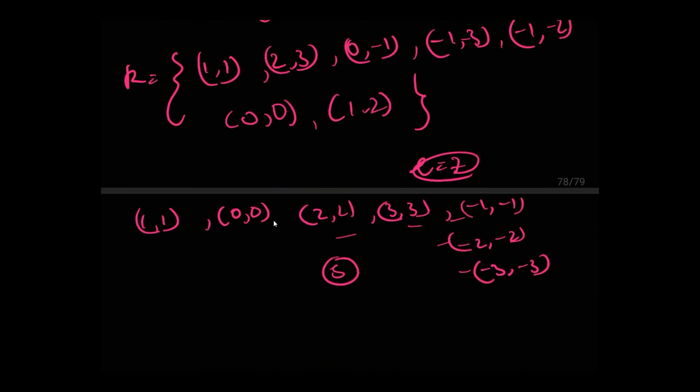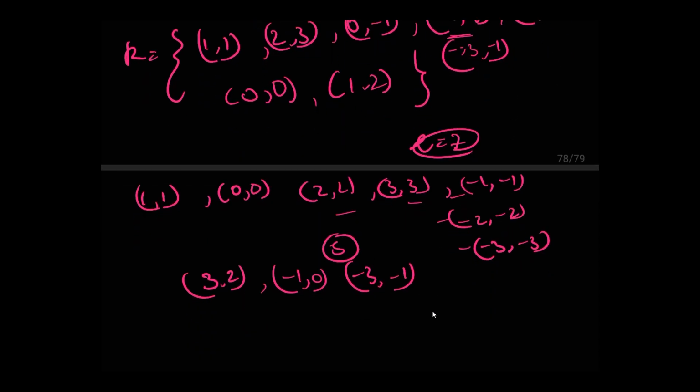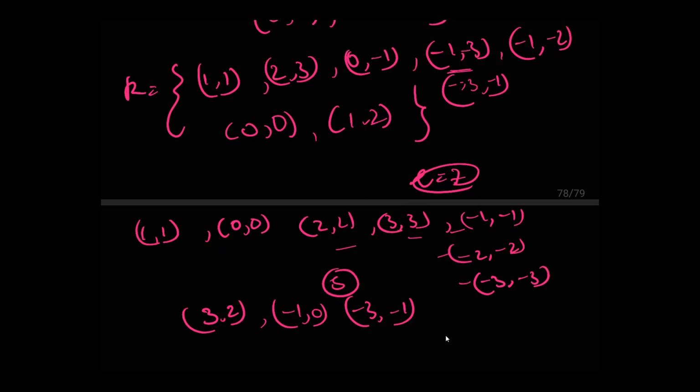And to make it symmetric, we need elements. (1, 1) is there. If (2, 3) is there, we need (3, 2). And if (0, -1) is there, we need (-1, 0). We need this one, (-3, -1), then (-2, -1) for this and (2, 1) for this.